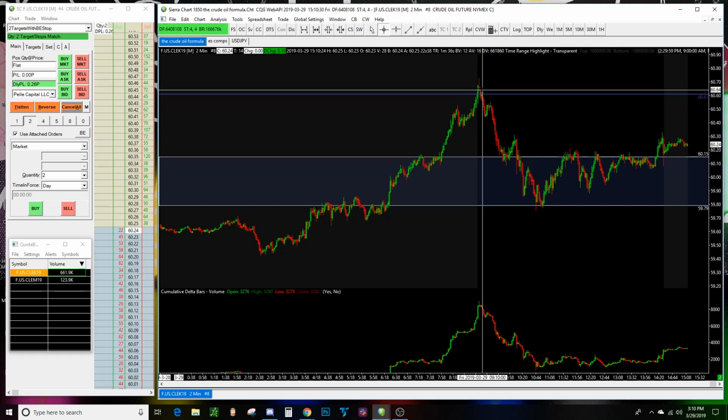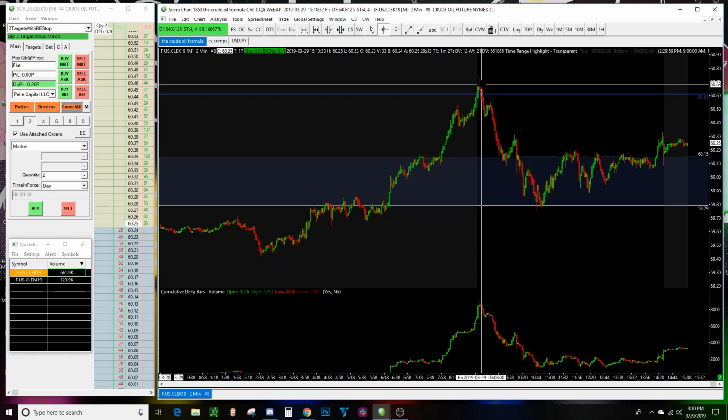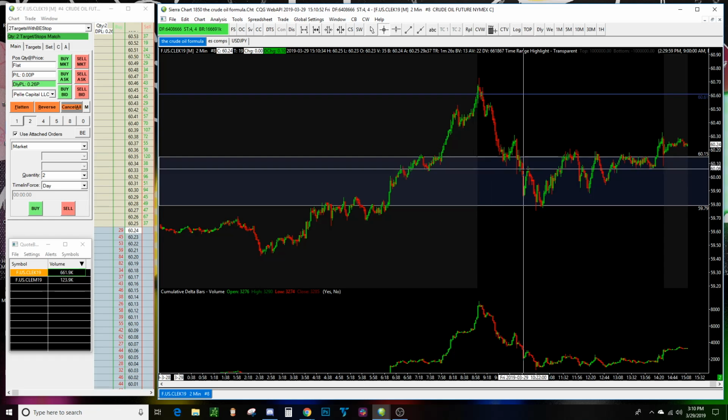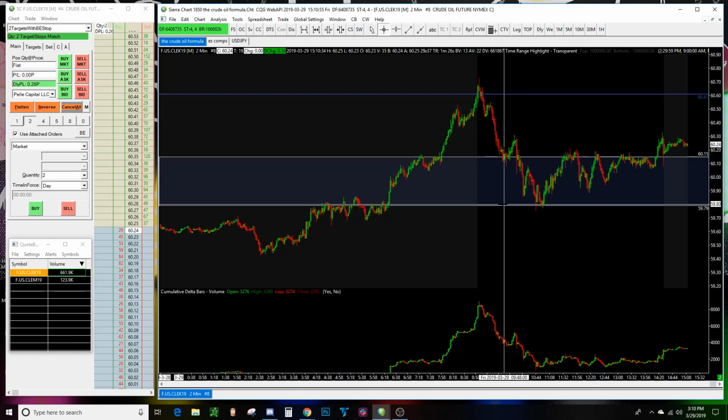Sellers popped in and got more aggressive at these levels, simply because buyers weren't willing to pay $60.60. Buyers were less inclined to purchase at these prices. So buyers got weaker, sellers got more aggressive, and as a result, we reverted back to a prior value area.